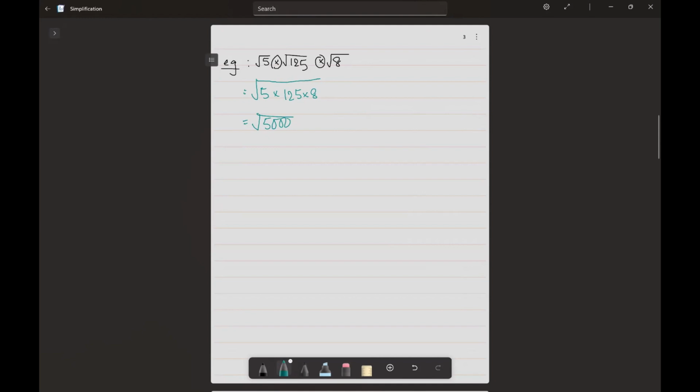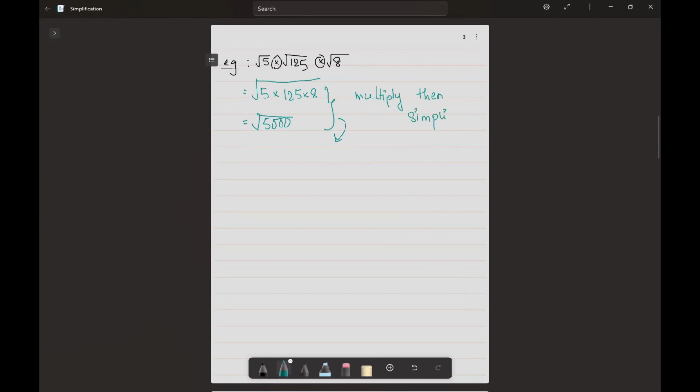So instead of following this step, we follow the next line. What is that next line? The next one is we try to simplify these surds first. Instead of multiplying and then simplifying, there are two methods of doing it. The first one is you multiply first and then simplify.